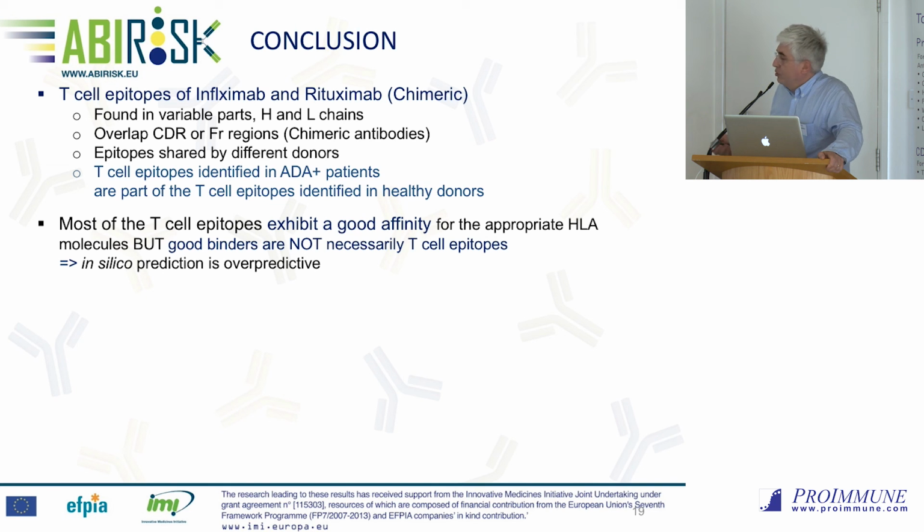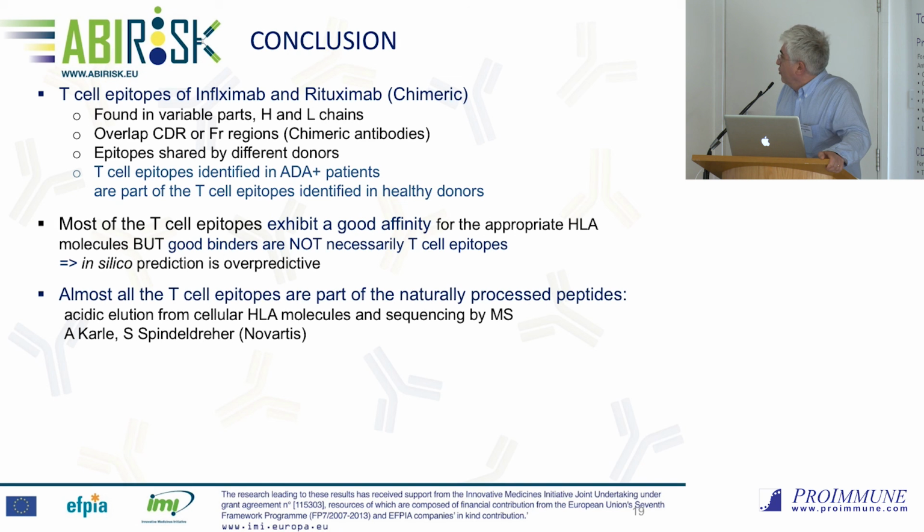And you know, it's a very important issue to know whether we can apply in silico prediction to predict immunogenicity. And clearly, based on this data, we can conclude, on chimeric antibodies, because the framework parts are from murine origin, that there are too many sites, and at the end, the in silico prediction would be over-predictive.